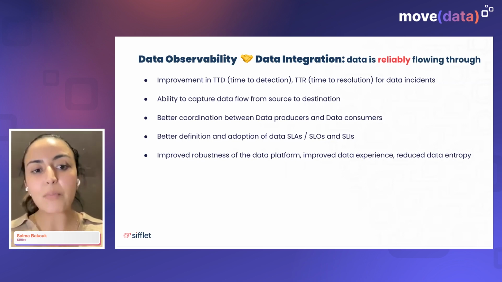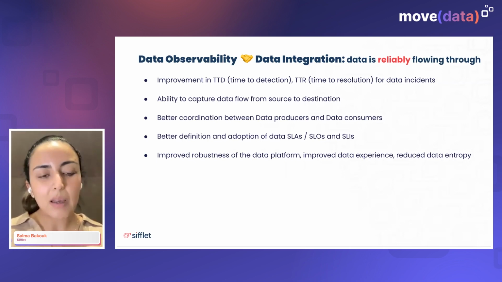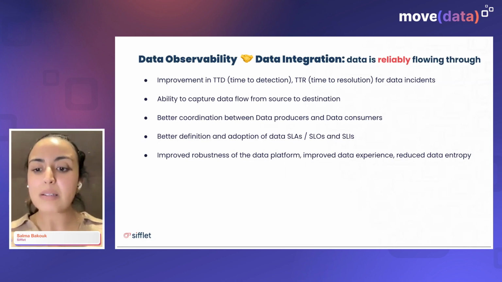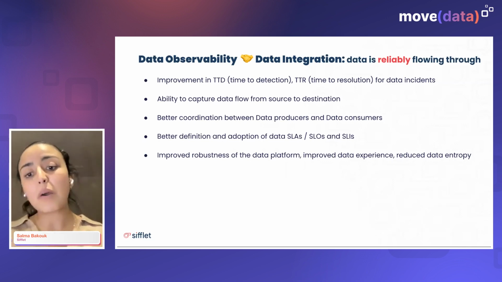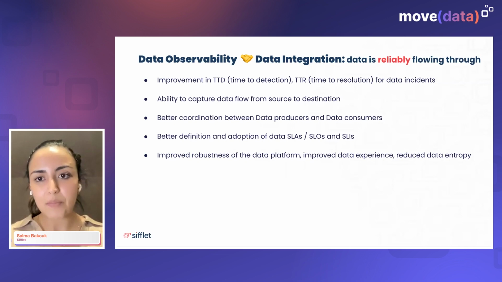You can finally have better definition and adoption around SLAs, SLOs, and SLIs within the data team. And more importantly, you can actually improve not only the robustness and the reliability of the data asset, but also the data platform and the data experience for data practitioners, and reduce what we call at Sifflet data entropy.